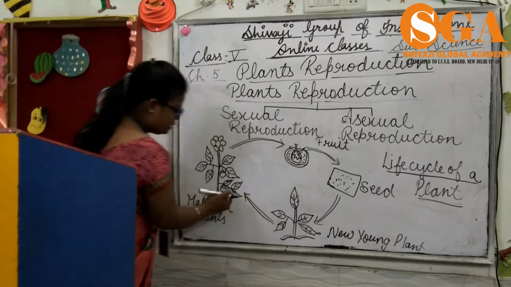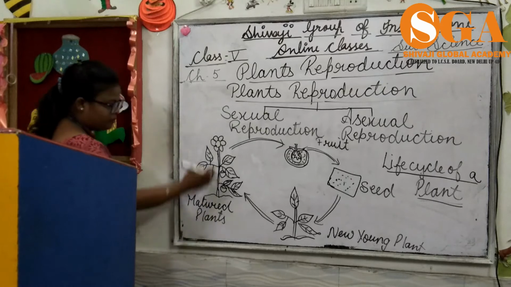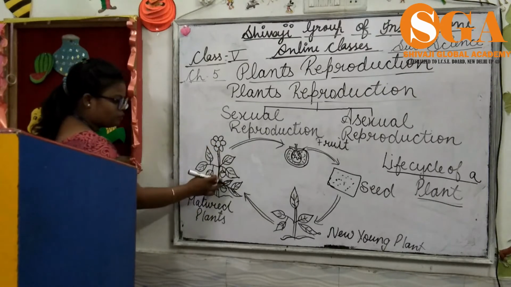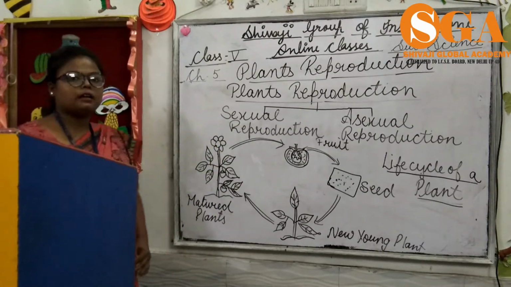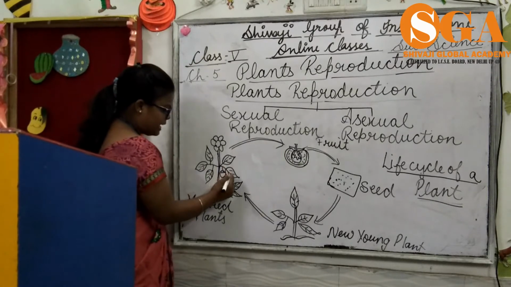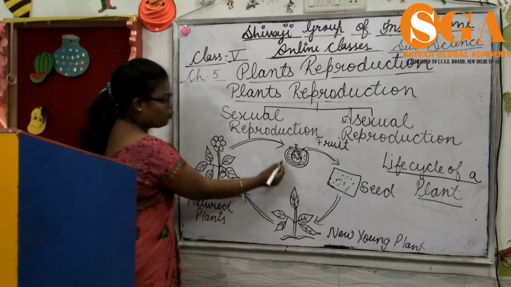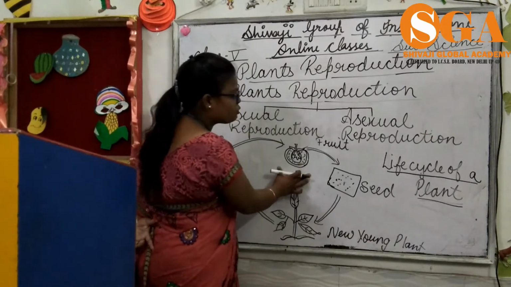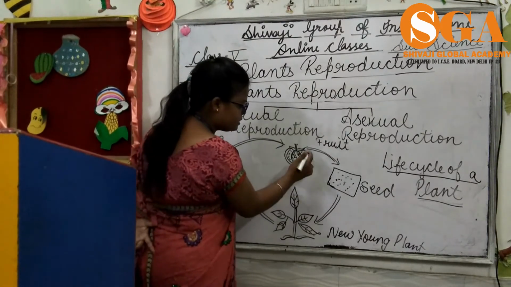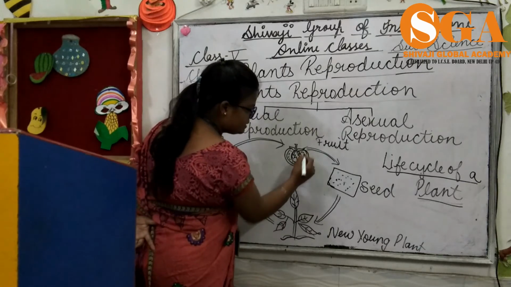After this stage, matured plants are there. In matured plants, flowers, fruits, leaves all grow. And after that, fruit is coming. In fruits, as you see, this fruit is half cut, and there is a seed.